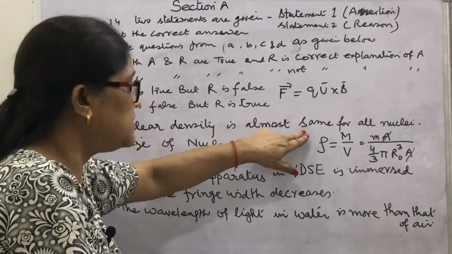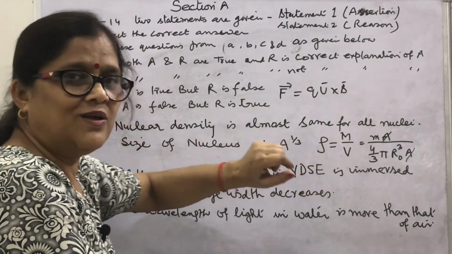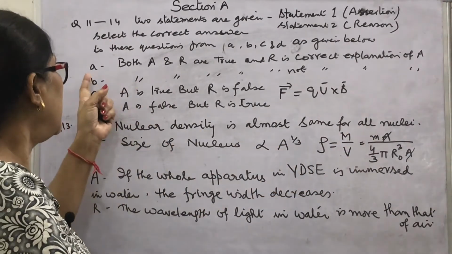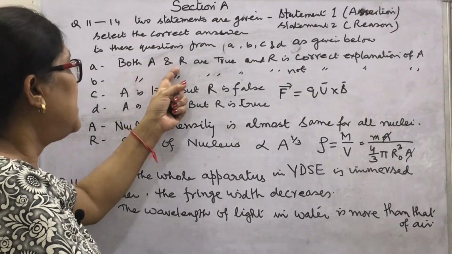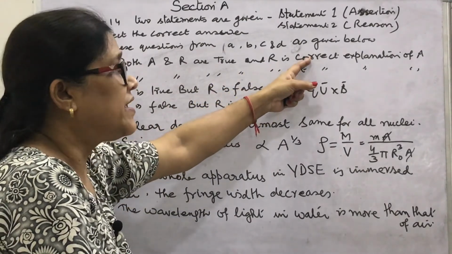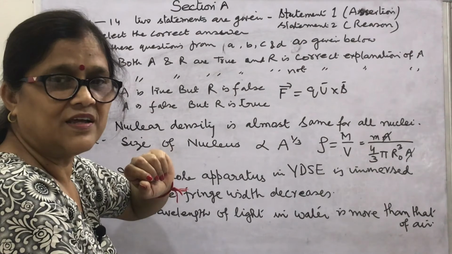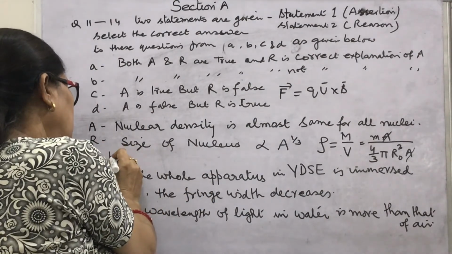It is correct that density is the same for all nuclei. Then which option will be correct? Look here, this B. Both A and R are true, but R is not the correct explanation of A. So what will be the answer here? The option B.